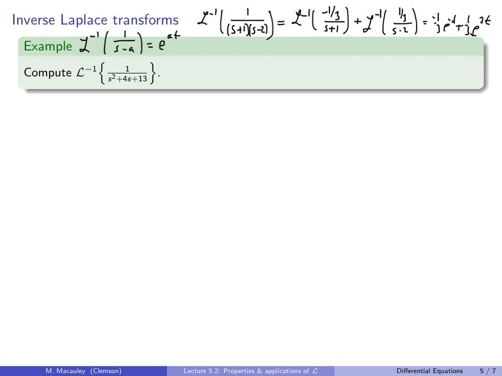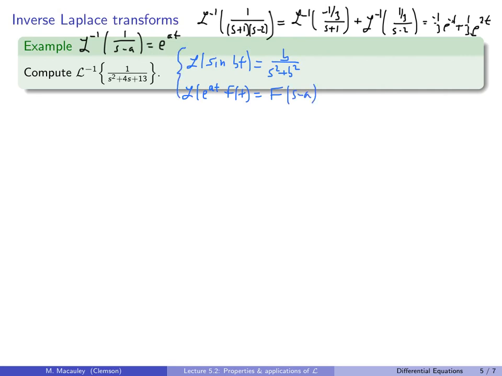So recall that the Laplace transform of sine of bt equals b over s squared plus b squared. The Laplace transform of e to the at times a function f of t was the original Laplace transform shifted by a.